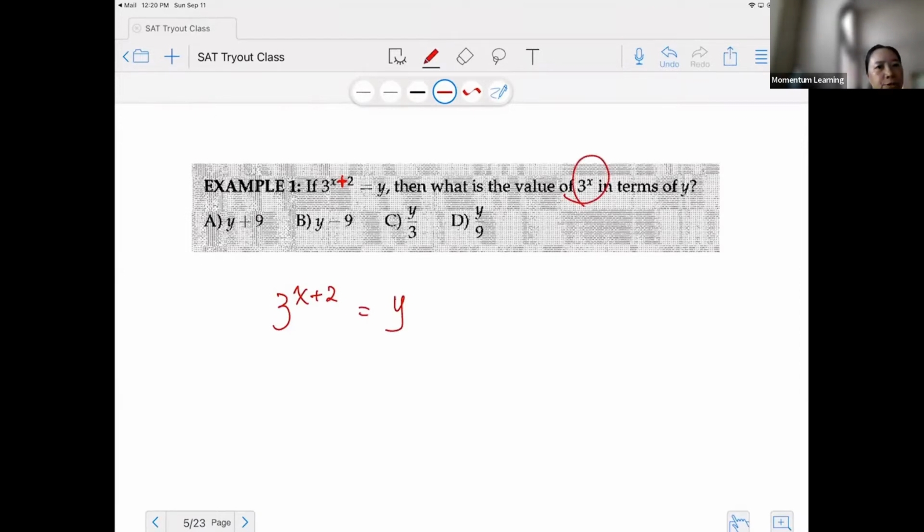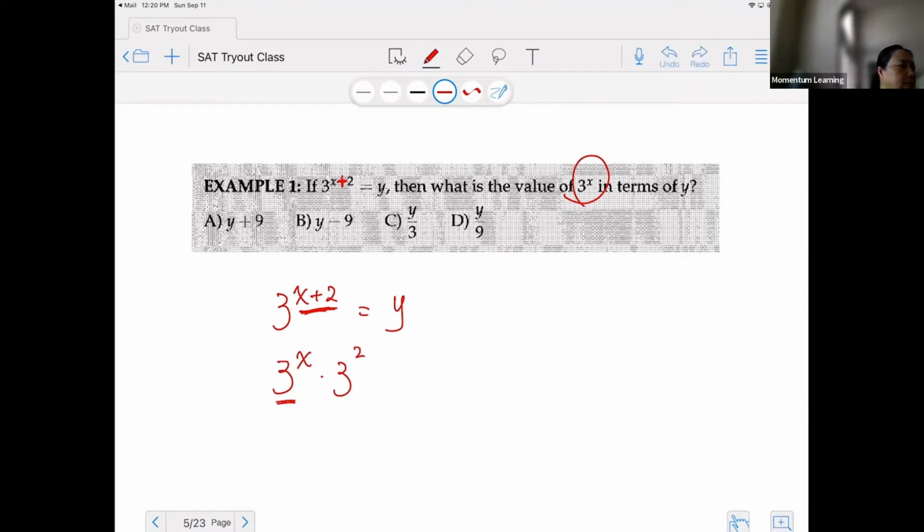So you actually want to separate that. Remember the formula we did earlier? When I have this addition in the exponent, you can split that. Same base, you multiply, so you add those exponents.